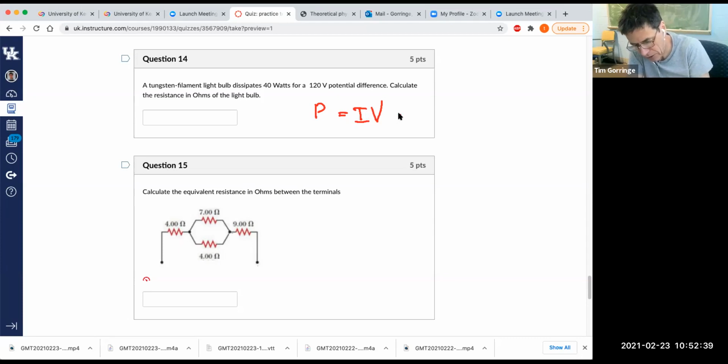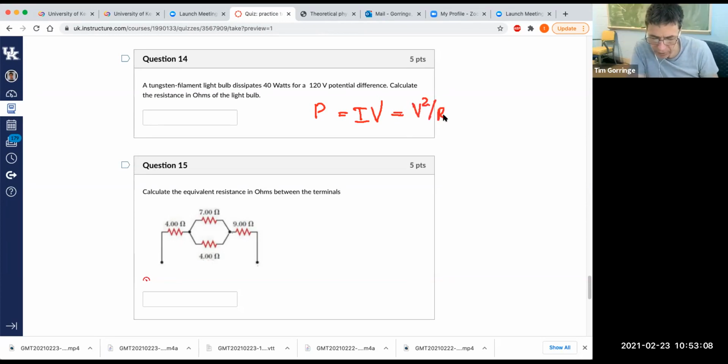Now in this case we don't immediately know the current, we do know the voltage. And so I just used Ohm's law to replace the current in terms of the voltage and the resistance. So V equals IR, or I equals V over R. So we get V squared over R.